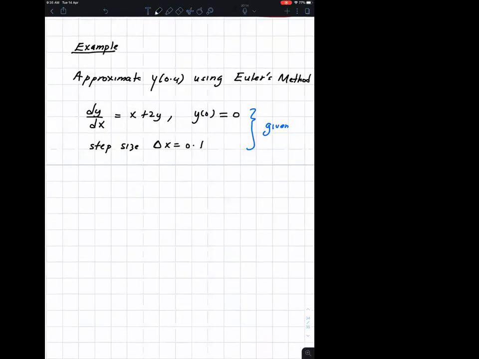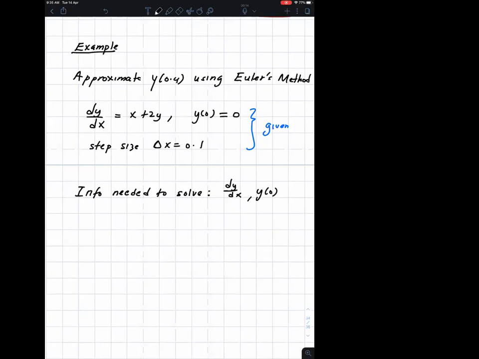Info needed to solve: dy dx, the initial condition, x equal to 0, and what is y.